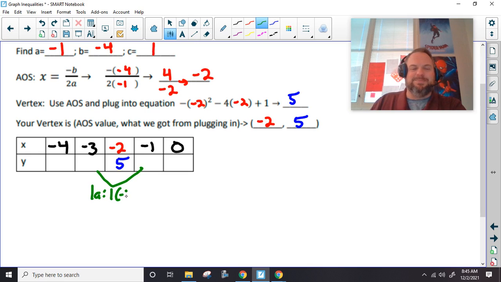So this is 1 times -1, which is -1. So 5, you could say plus -1 or -1. It's the same thing. So this would end up being 4.